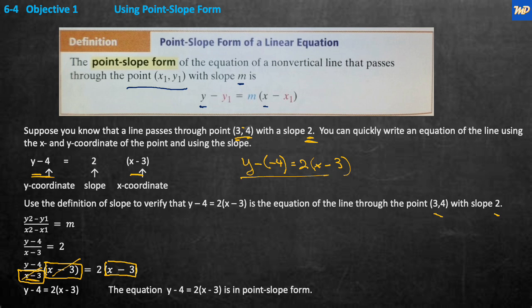And so now you're going to have y minus 4 equals the quantity 2, which is the slope, times x minus 3. And there it is, the equation y minus 4 equals 2 times the quantity x minus 3 is the point-slope form of the linear equation.